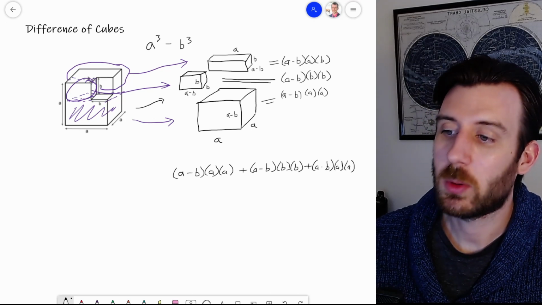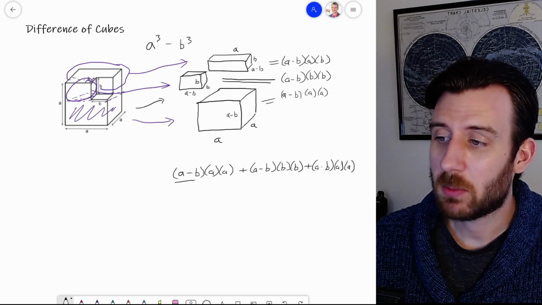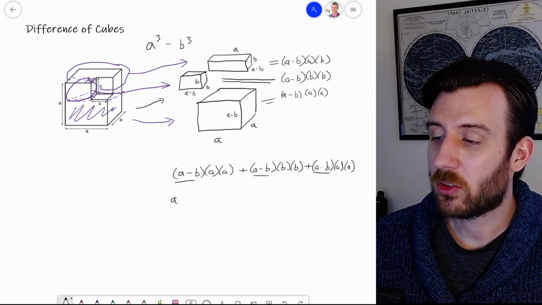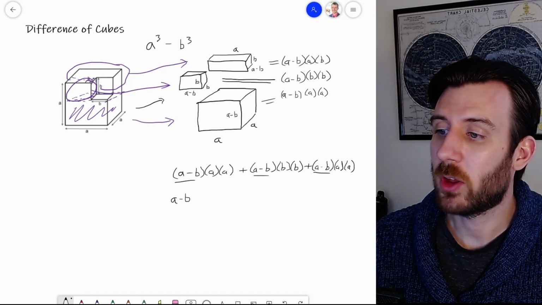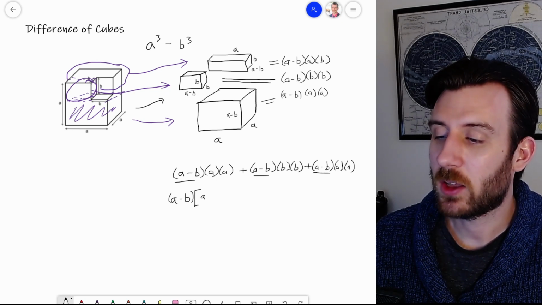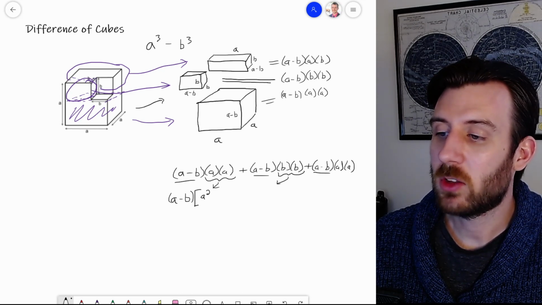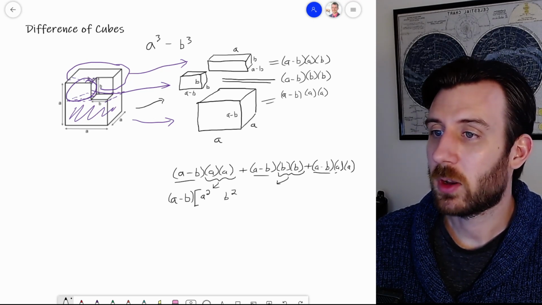Now in the symbols, we might be able to look at this entire thing and say, look, there's an A minus B that's common in everything. Let's factor it out. So let's talk about this in terms of just A minus B groups of everything that's left over. We have an A times A left over, or an A squared. So that's these two. We have a B times B left over, which is a B squared. And we have A times, oh, did I miss one? I did.